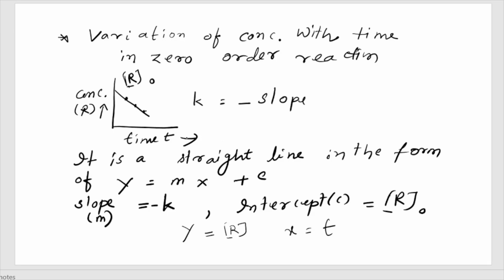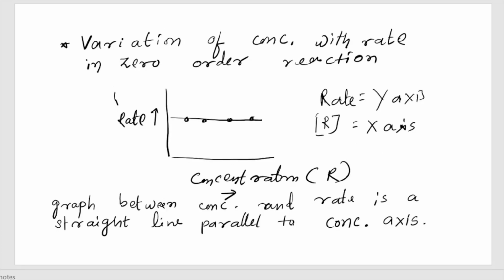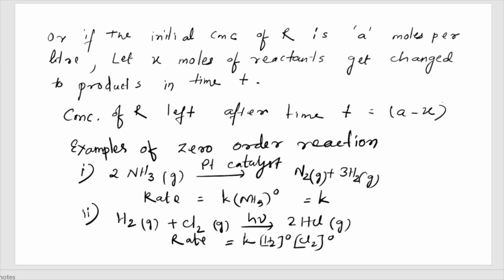Here you should write y axis, and here x axis. In the first graph, x axis is t. In the second graph, y axis is rate and x axis is the concentration of reactant. So you can see the graph is parallel to the concentration axis.